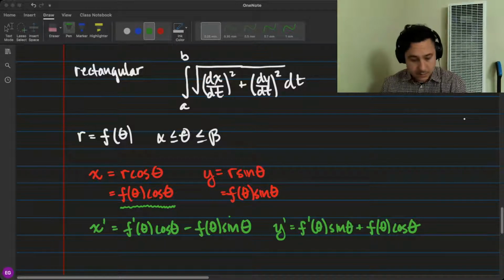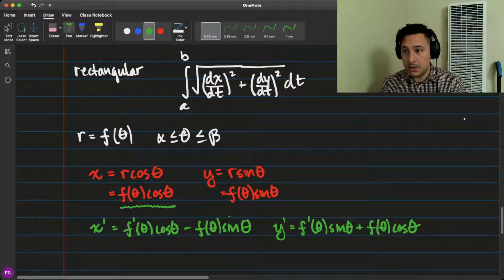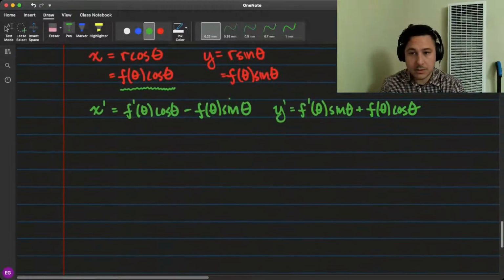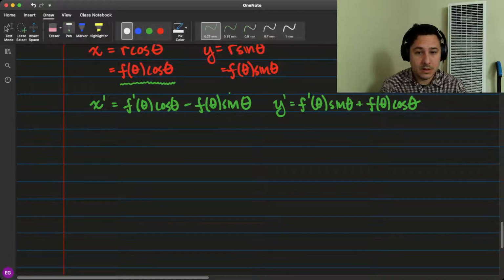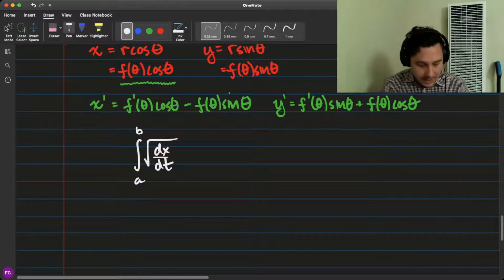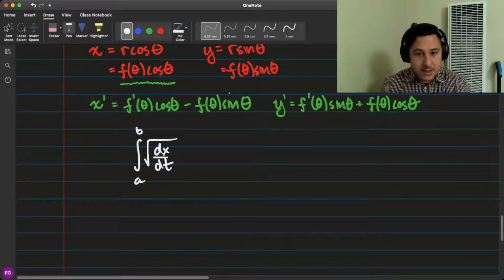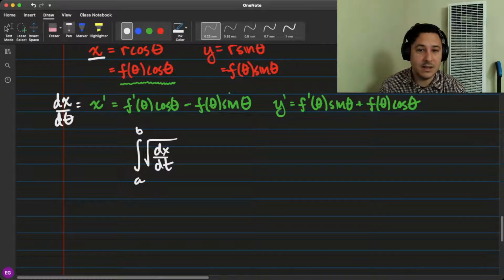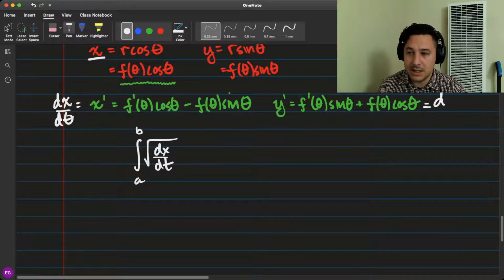Now we can start transforming the rectangular equation. The rectangular integral went from a to b of the square root of dx dt squared plus dy dt squared. What you can call these up here is that this x prime is dx d theta, because you're taking the derivative of x with respect to theta. Likewise, this y prime you can call dy d theta.